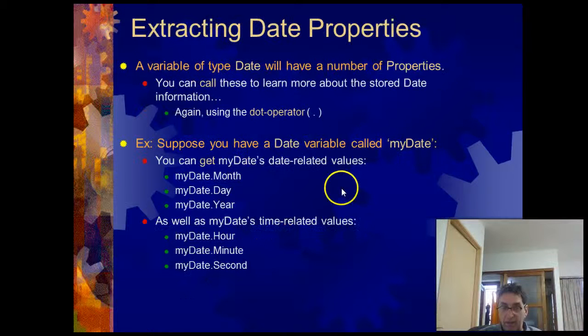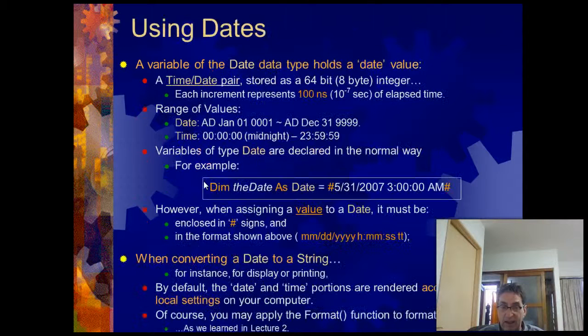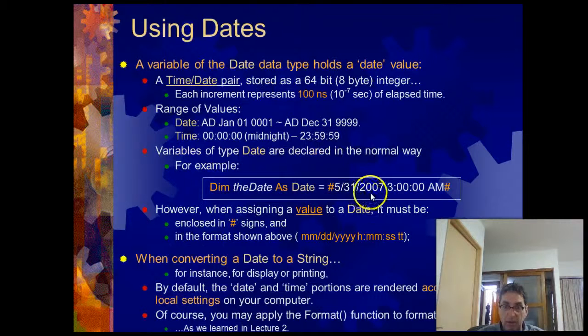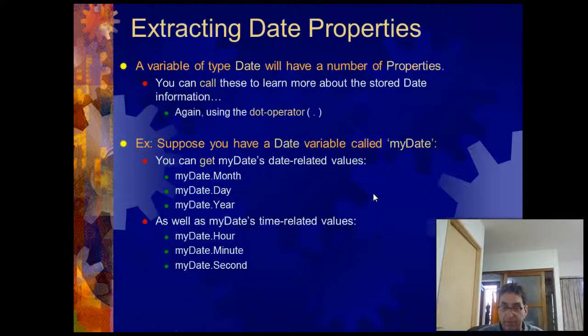May. So it should be equal to May. I forget if it's equal to May or if it's equal to 5. If I write myDate.Day, it's going to be equal to 31. If I write myDate.Year, it would be equal to 2007, and so on. Same thing with hour, minute, and second.